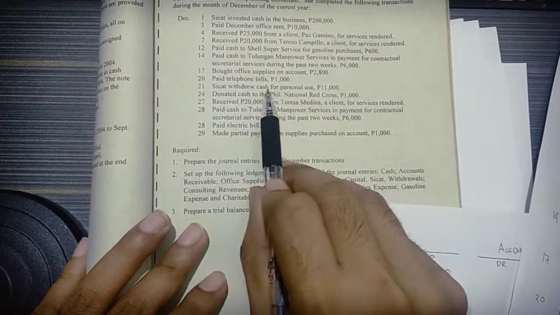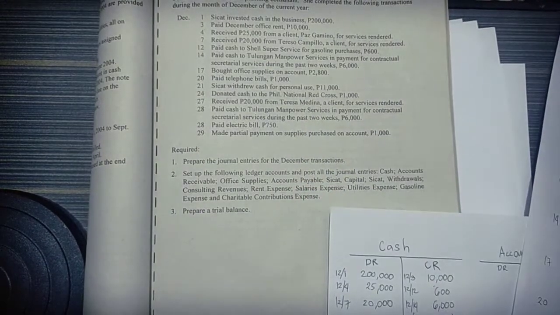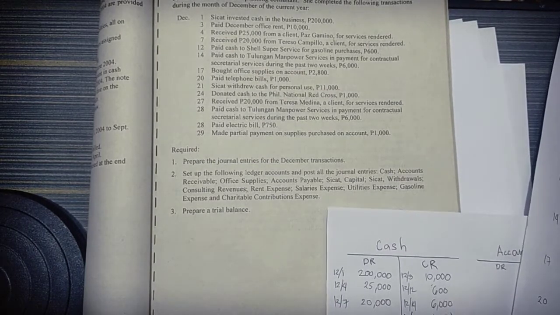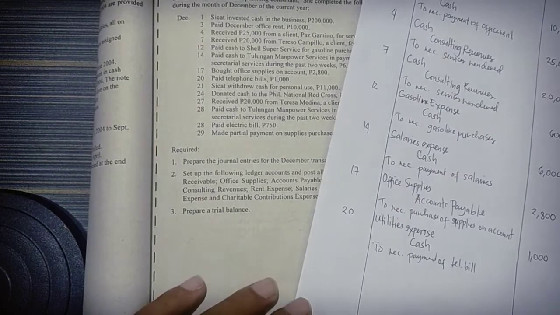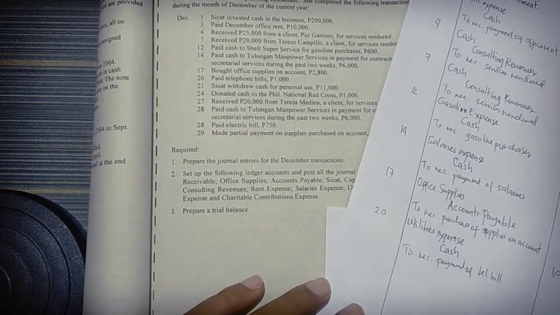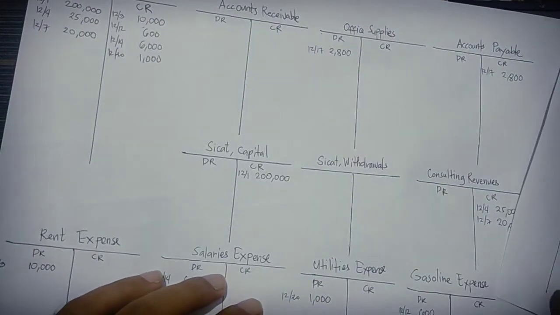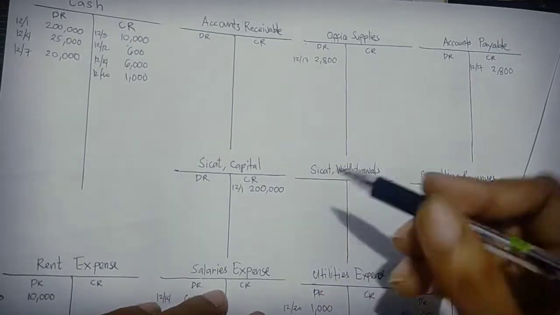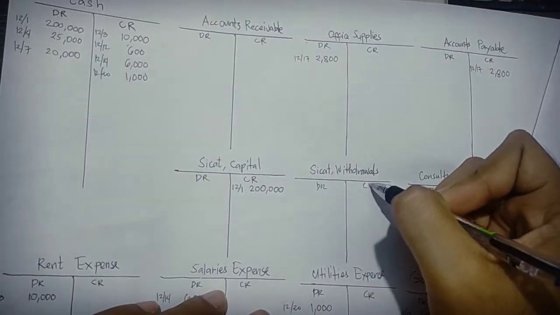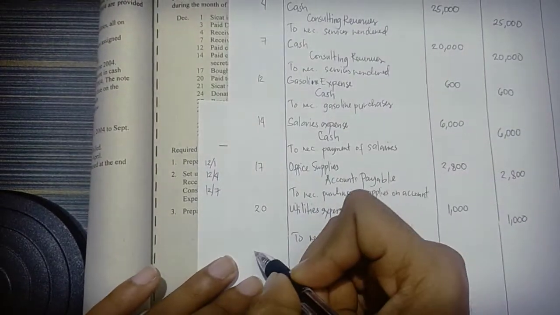Sikat withdrew cash for personal use worth 11,000. So, nag-withdraw si Sikat. Then, of course, that will decrease your cash again. No? Mag-decrease yung cash worth 11,000. And of course, yung withdrawal din natin, class, i-reflect natin siya doon sa Sikat withdrawals. So, we have December 21.